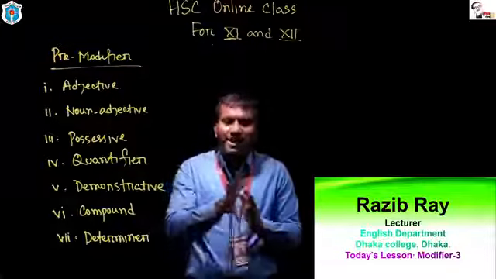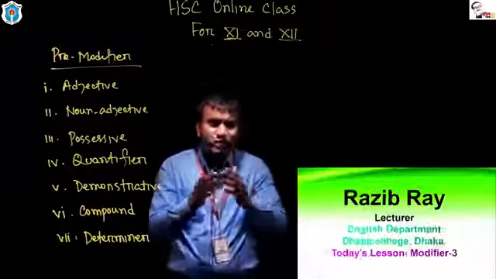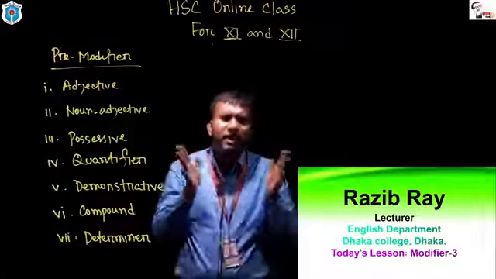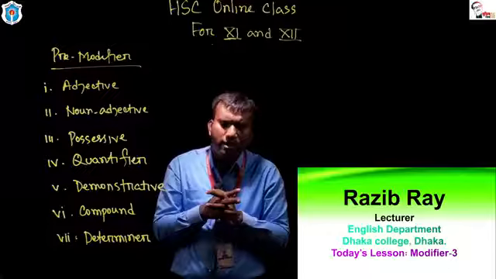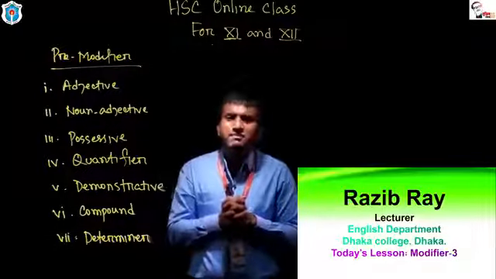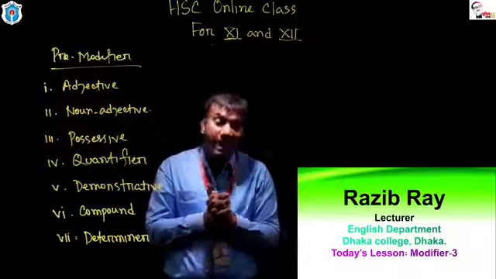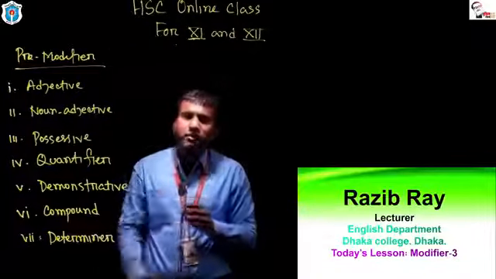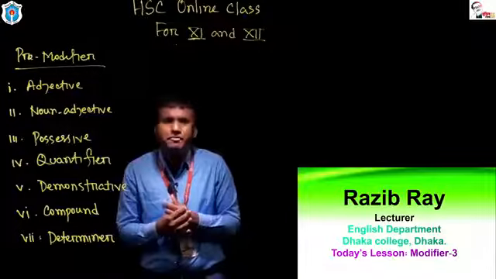You know that there are 11 grammatical items that we need to learn for a very good preparation for modifier, and we need to know another 5 grammatical items for post-modifier. And luckily, we have completed 2 grammatical devices under pre-modifier. They are adjective and noun adjective.